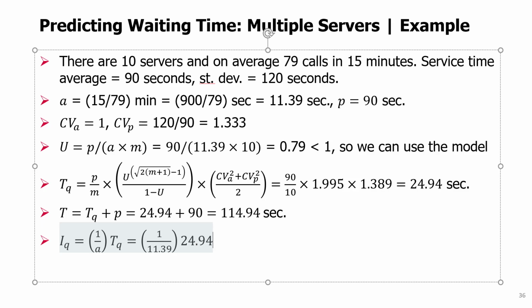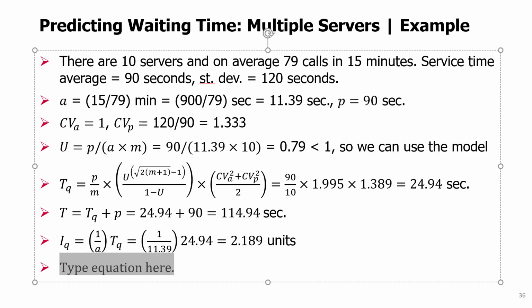If you do the calculation here, you'll have 2.189 units waiting. So on average, there will be slightly more than 2 customers waiting. Notice this should not be rounded to 2 or anything, because the fraction matters here. An average can be fractional even if the actual values are not fractional.